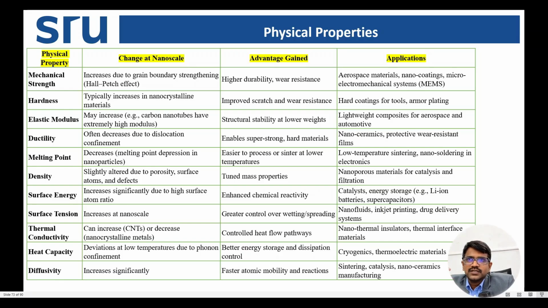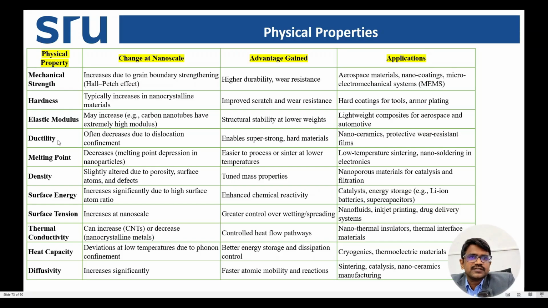Also, lightweight composites for aerospace and automobiles. As we discussed earlier, it provides lighter weight so that it consumes less fuel, and it also provides higher strength. Lightweight composites for aerospace and automobile applications.